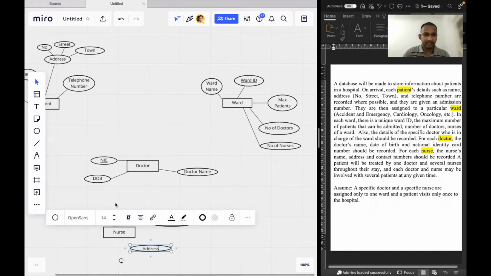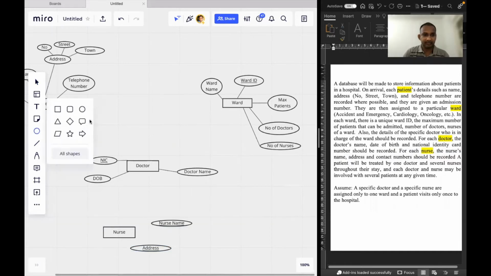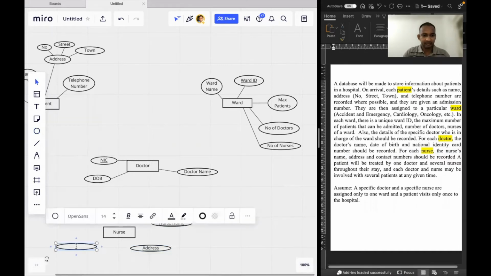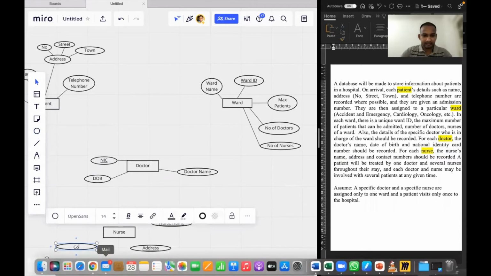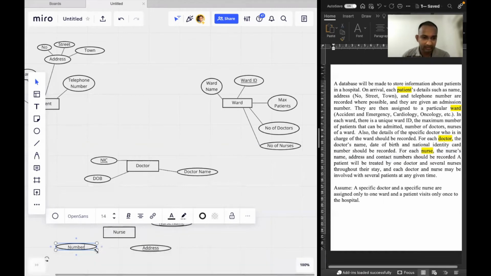Address, after that contact number. So do not underline those things.